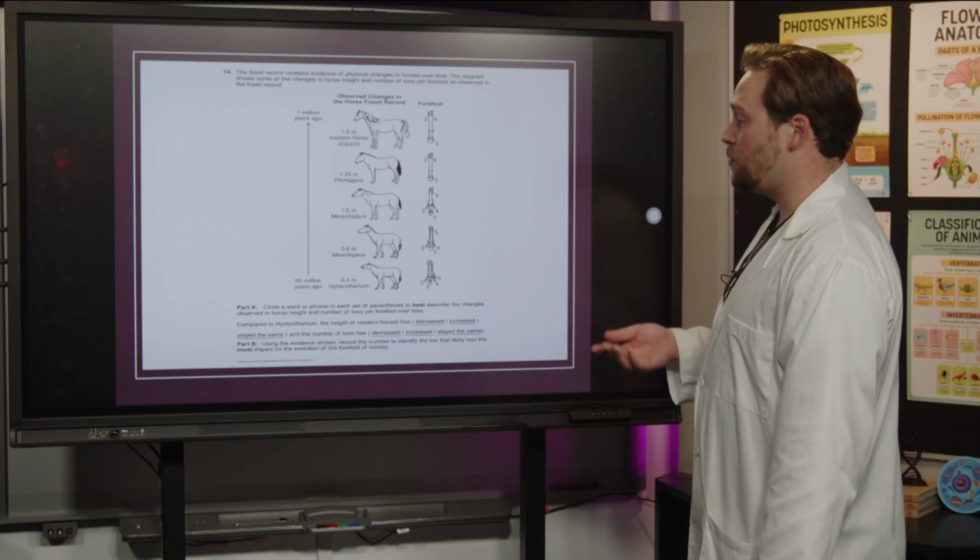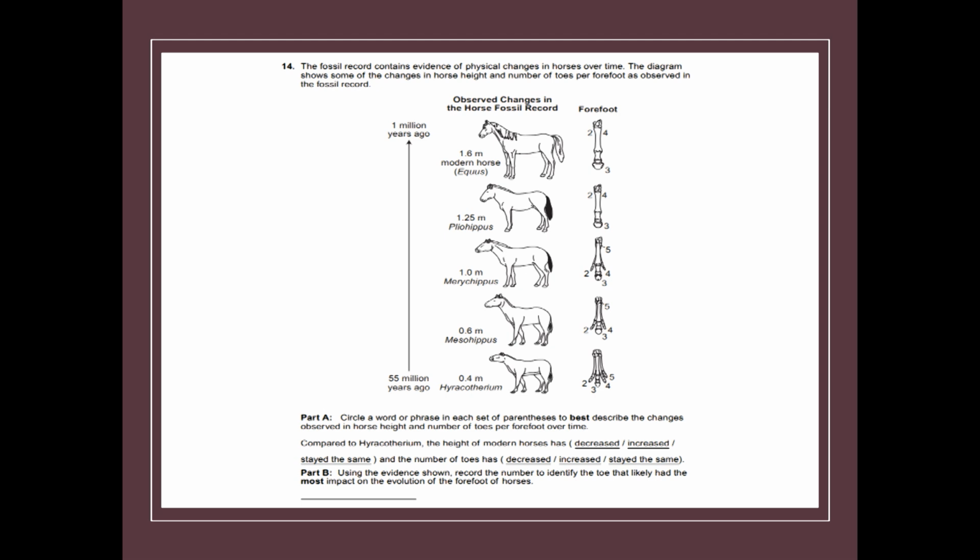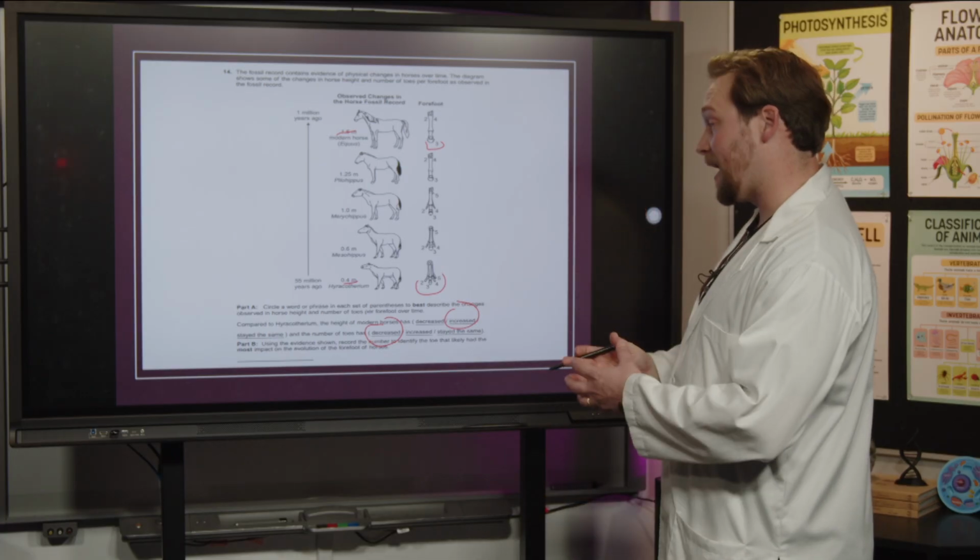Okay, compared to Hyracotherium, the height of modern horses has increased. You can see that the horse is taller now, right? Okay, and the number of toes has decreased. Look over here. We started with these 4 toes, right? And now up here we only have 1. So over time, the horse is getting taller and it's getting less toes.